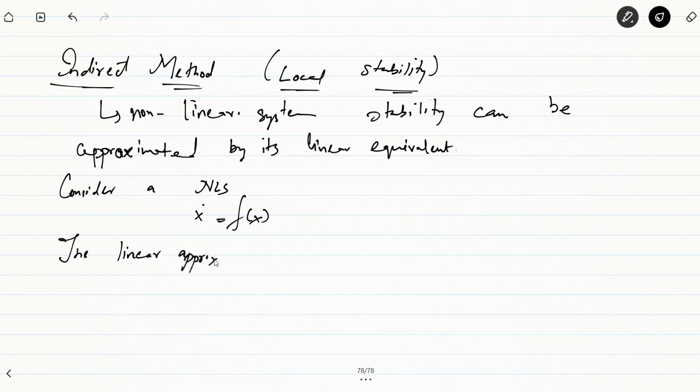So the linear approximate around the equilibrium point is given by the Jacobian matrix, where A is defined as delta f divided by delta x at x equal to 0.